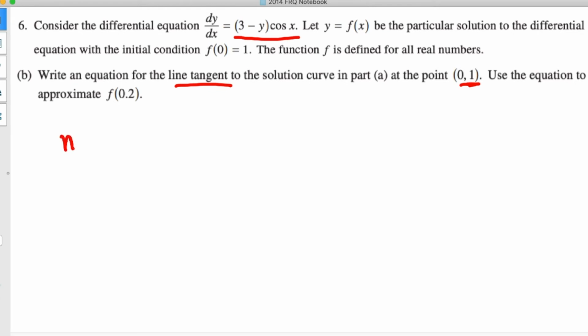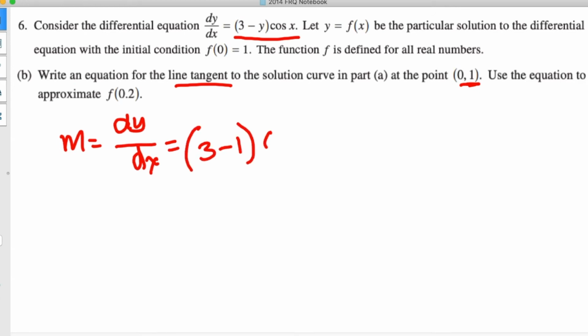To get our slope, we plug in for dy dx those values. So 3 minus y, y is 1, cosine of x, x is 0. Again, be careful, cosine of 0 is not 0, that is 1. So this whole thing is equal to 2, because 3 minus 1 is 2, times cosine of 0 is 1. So that whole slope is 2.